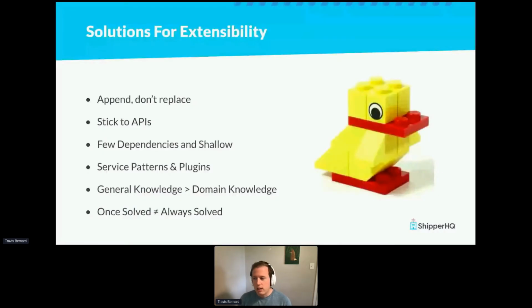But there are things we can do. We can work smarter, not harder. So some things to keep in mind when we are working on our extensions. We want to be very mindful to never replace, always append. And what I mean by that is, for example, at Shipper HQ, we work in the checkout a lot. And, by nature, the checkout isn't always the most extensible part of an e-commerce platform because there's so much concern about security.